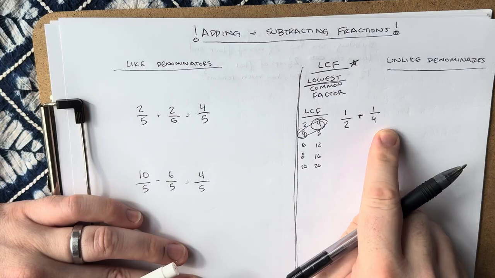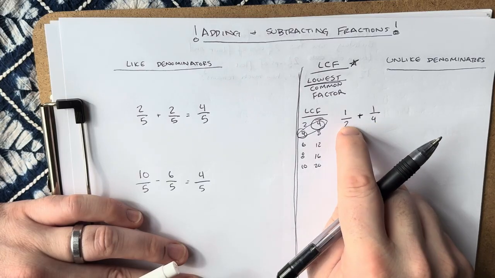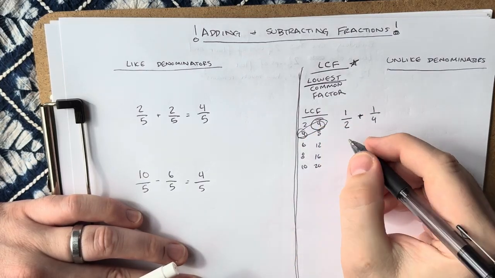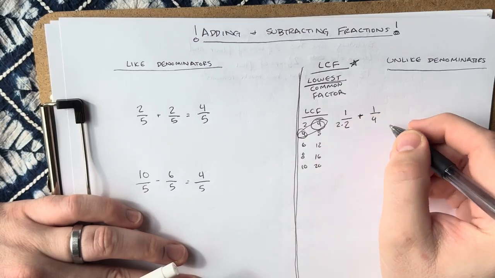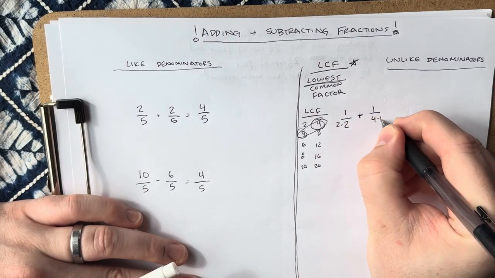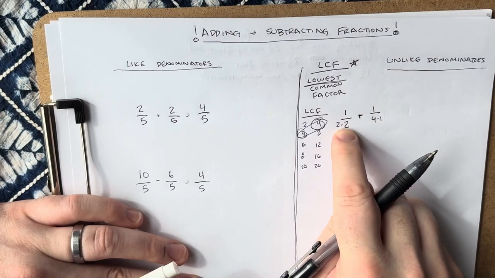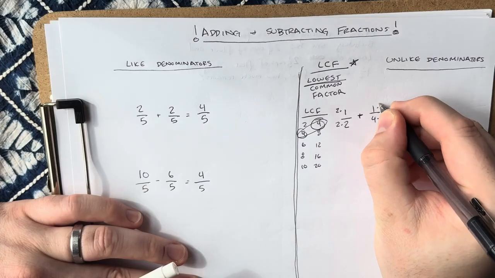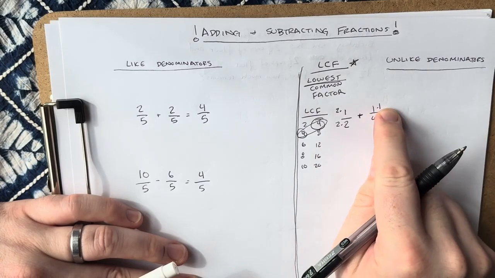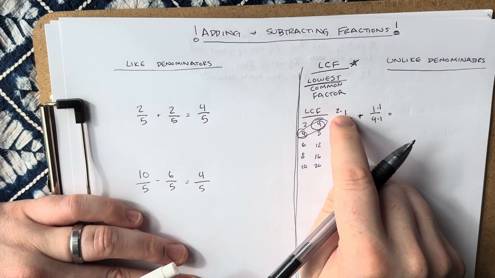So looking here, we need to figure out how we're going to get these denominators to 4. We say, well, 2 times 2 is 4. 4 times 1 is 4. Whatever you do to the bottom, you do to the top. So 1 times 1, 1 times 2.